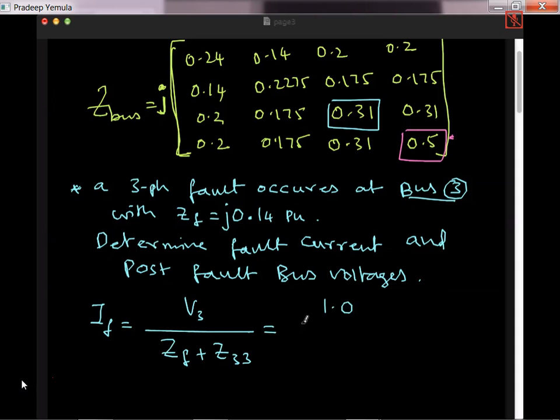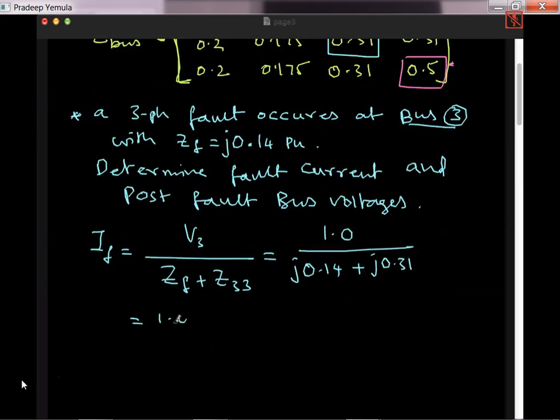So this is 1.0 divided by the fault impedance j0.14 plus Z33, j0.31, that is 1.0 divided by j0.45. So we get minus j2.22 per unit. So this much is the fault current that we are getting now.